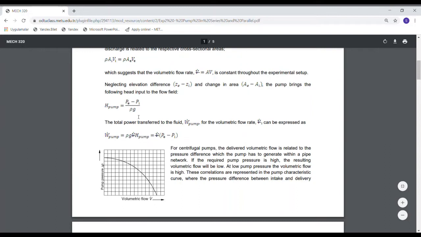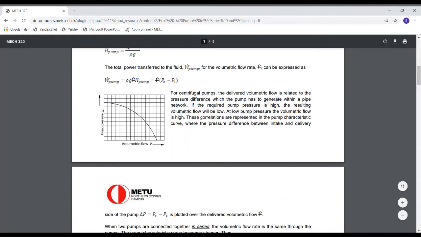And we know from here pump head was Pe minus Pi divided by rho g. So this rho g and that rho g will cancel each other when we write this expression instead of pump head here, and we are going to be left with flow rate times Pe minus Pi.